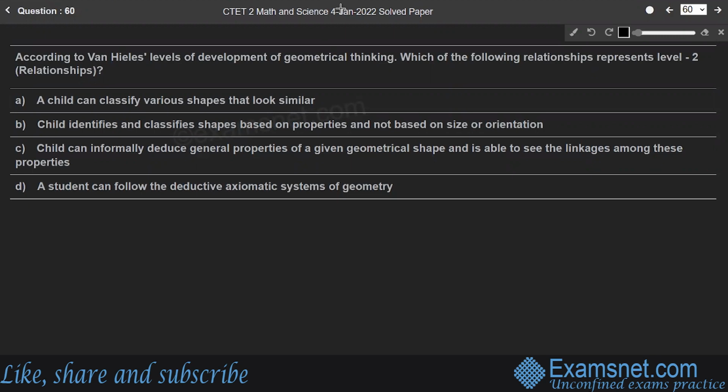Child can informally deduce general properties of a given geometrical shape and is able to see the linkages among these properties. And a student can follow the deductive axiomatic systems of geometry. So the correct answer is child can informally deduce general properties of a given geometrical shape.